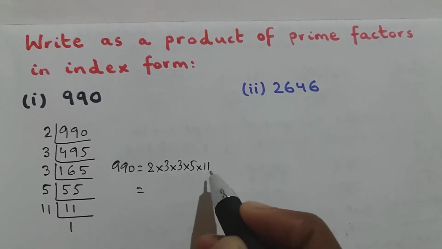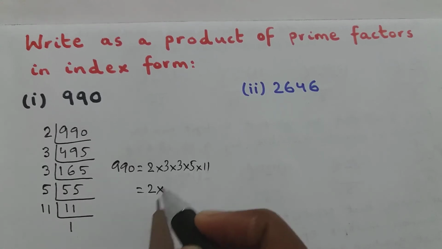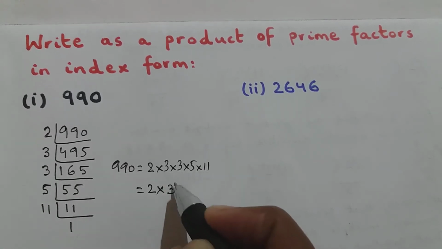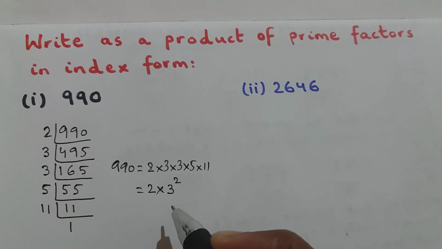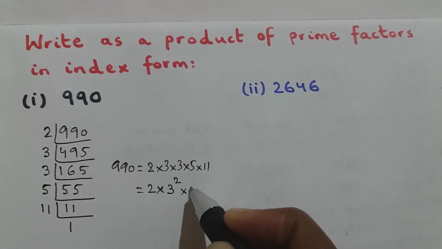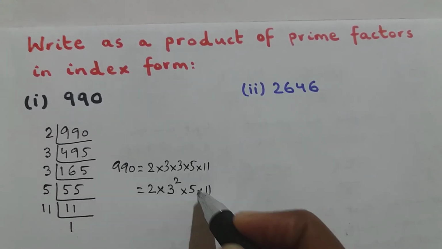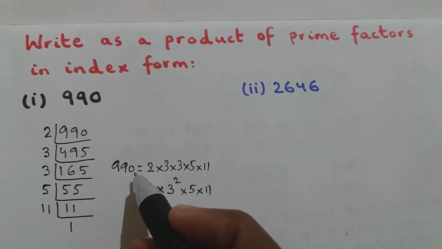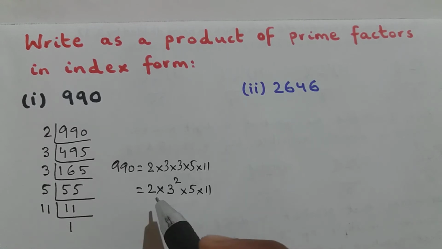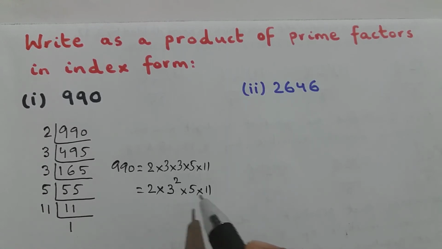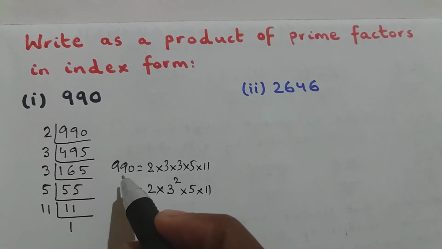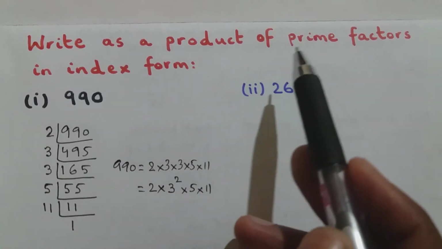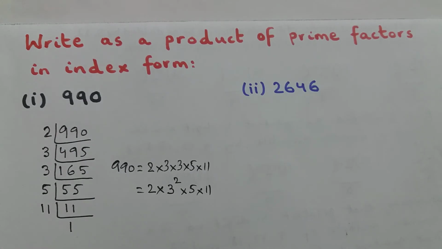And this I can write as 2 into 3 square in index notation into 5 into 11. So 990, when it is written as a product of its prime factors in index form, becomes 2 into 3 square into 5 into 11.